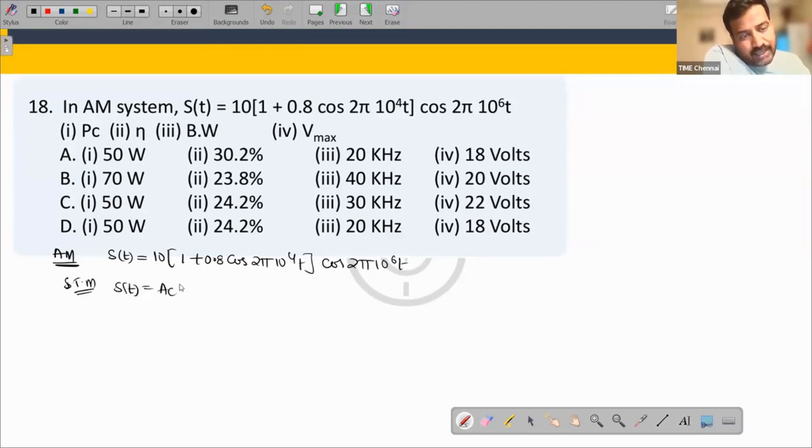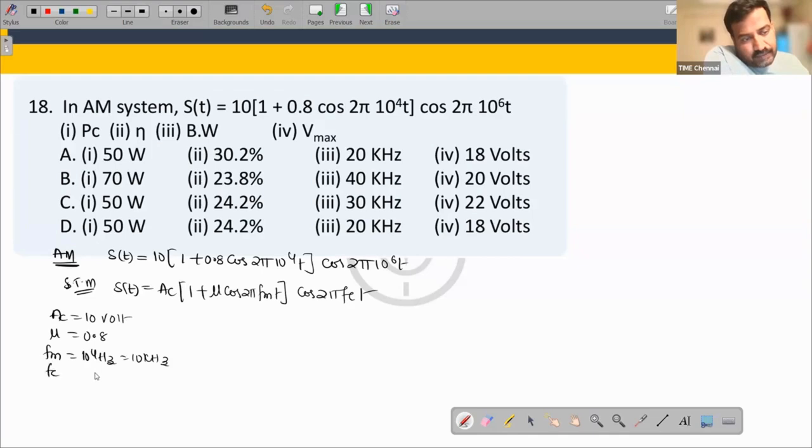S of t is equal to AC into 1 plus mu times cos 2 pi FM t times cos 2 pi FC t. If you compare, AC is 10 volt, mu is 0.8, FM is 10 power 4 hertz or 10 kilohertz, FC is 10 power 6 hertz, 1 megahertz.